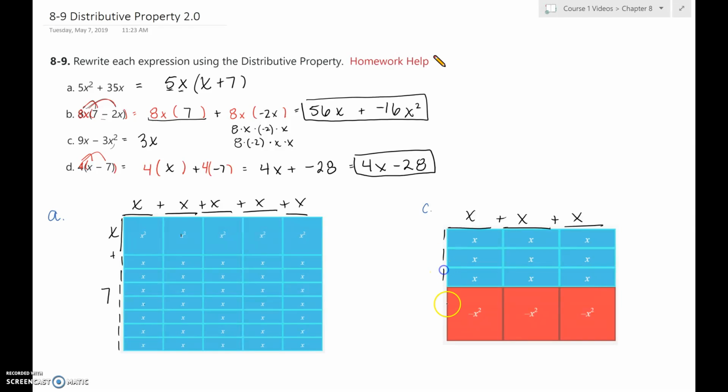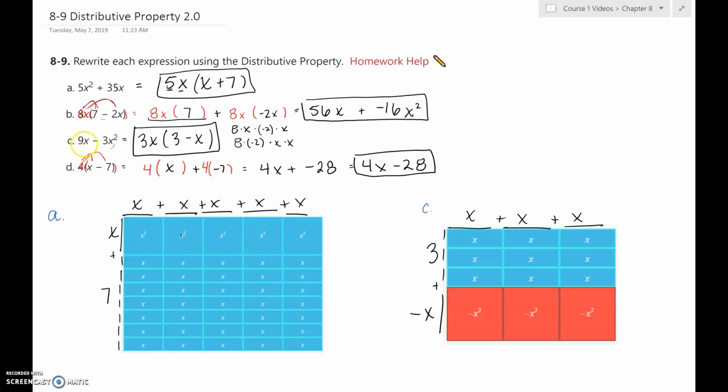And then here, I've got 1 plus 1 plus 1, so that's 3, plus a negative x. So I have 3x times 3 minus x. And that'll get me this product.